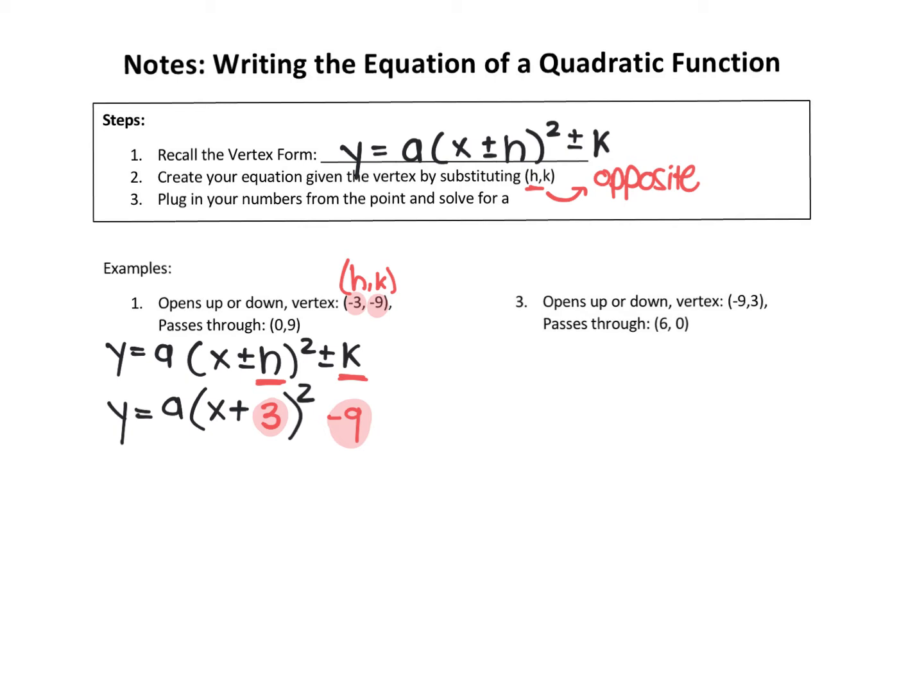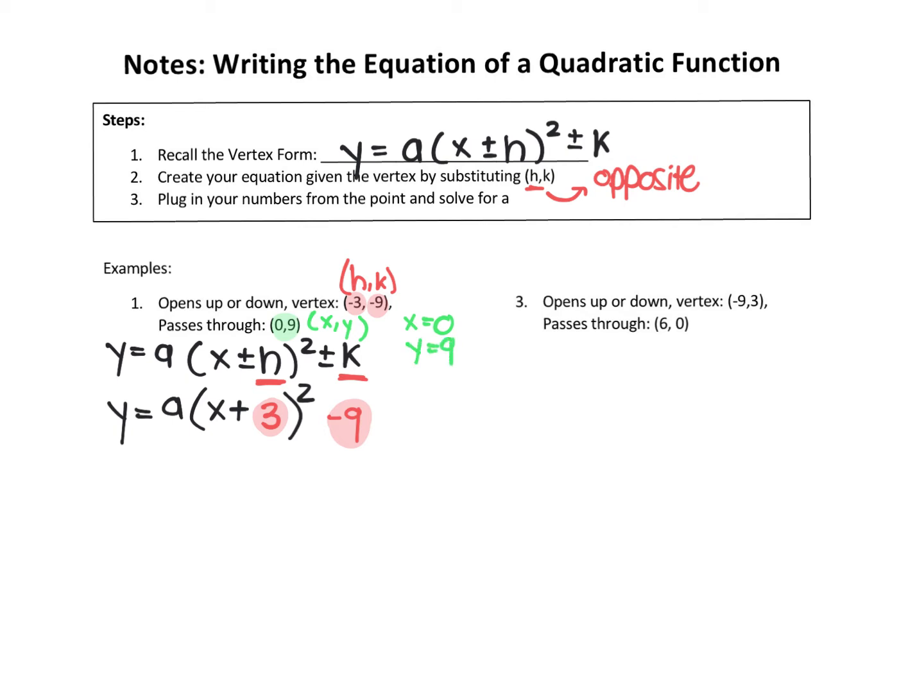Now I want to find my a value, and I have a point. It passes through (0, 9). So let me highlight what we have. This right here is the point x, y. So technically, I have that x equals 0 and y equals 9.